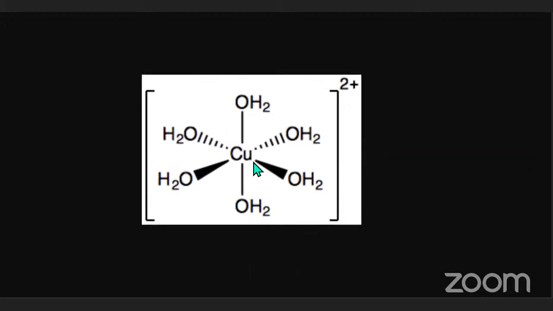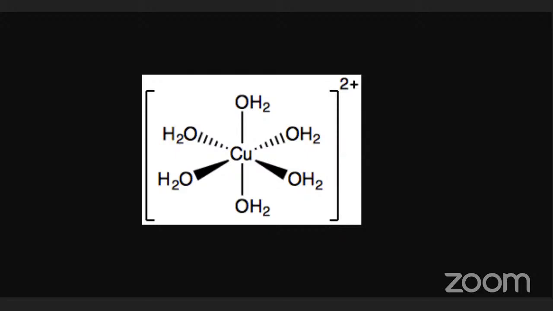When copper ions are dissolved in water, and whenever you say copper ions aqueous, you're actually referring to this ion. Copper ions attract the lone pairs of water molecules from all sides, and they end up forming a complex ion.